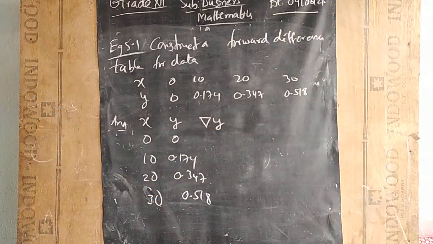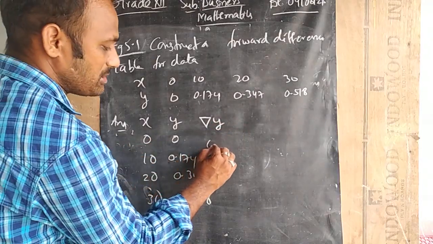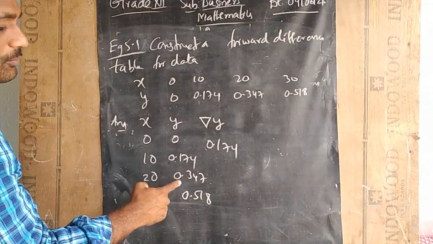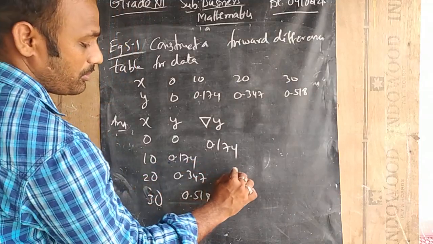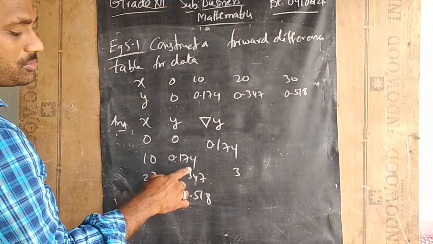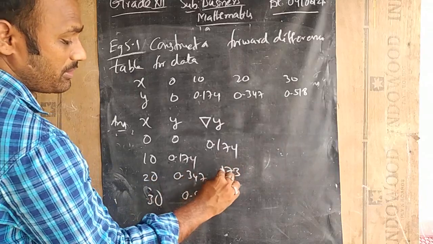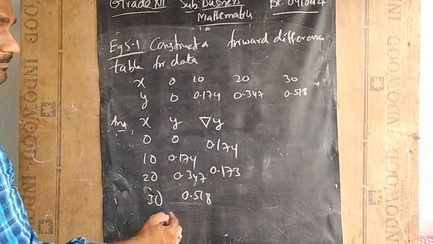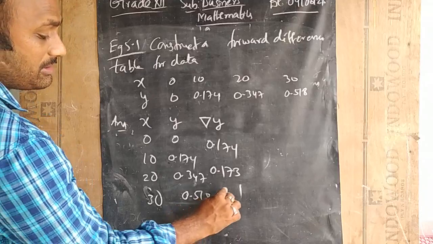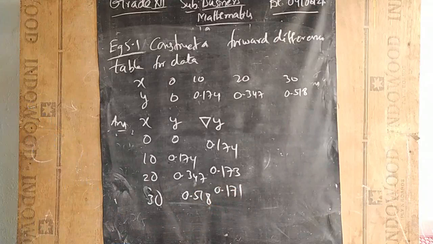Delta y means y1 minus y0, so it becomes 0.174. Then 0.347 minus 0.174 is 0.173, and the next differences follow the same way, down to 0.17.